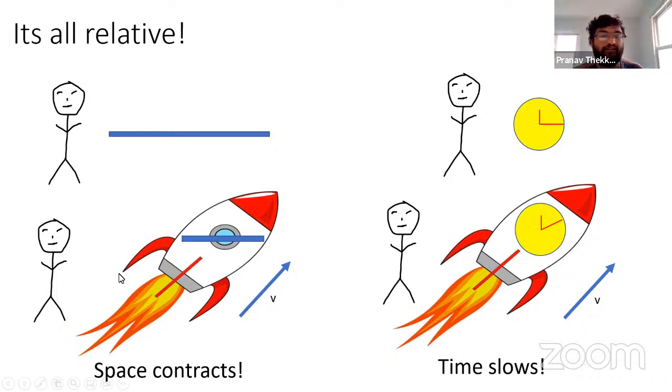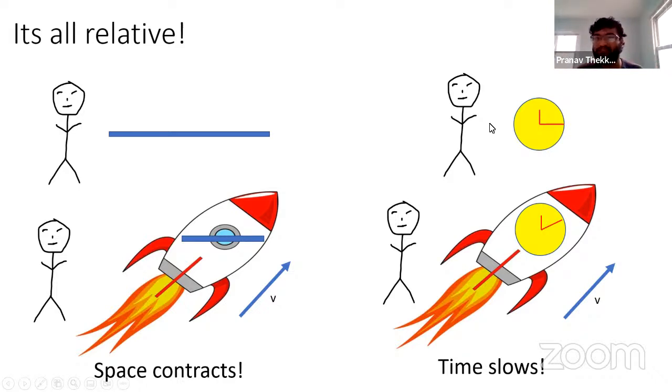Now when the rod is actually traveling at a much higher speed, which is the case over here, the rod in the rocket actually shrinks. So space actually shrinks as you go faster and faster. And what happens with time is time slows down.